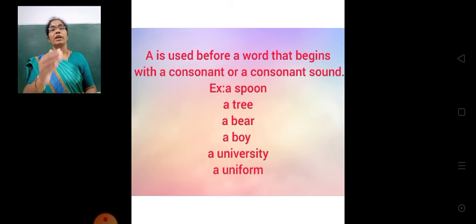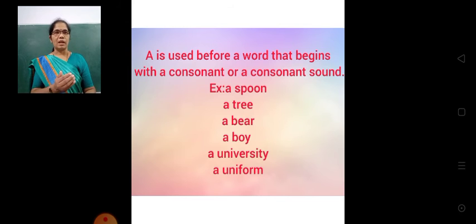And see the next one, a tree. Here also the given word starts with the letter T, and T is a consonant, so we have to use the article a before the word tree.